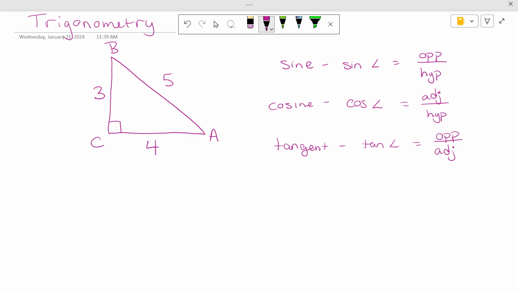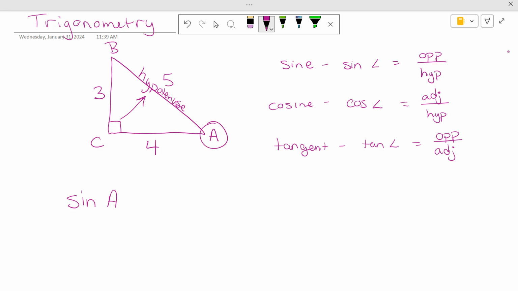Then we have to figure out what we mean by opposite and adjacent and so on. When you look at a right triangle, when we're doing trig, you always figure out the hypotenuse first. So this is the hypotenuse, because the hypotenuse is opposite the right angle. Okay? Now, let's say I wanted the sine of angle A. Angle A is right here.